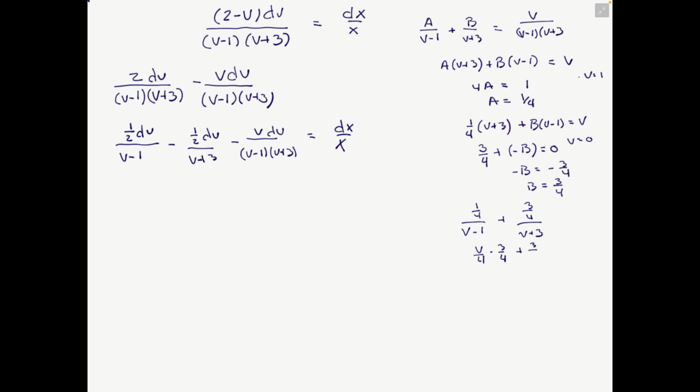Plus, this is plus 3/4, and that's 3/4 v minus 3/4 all over v minus 1 times v plus 3, and that's v over v minus 1, so we got it.